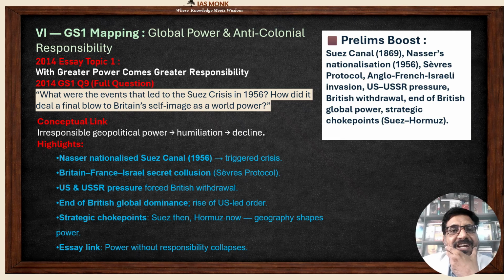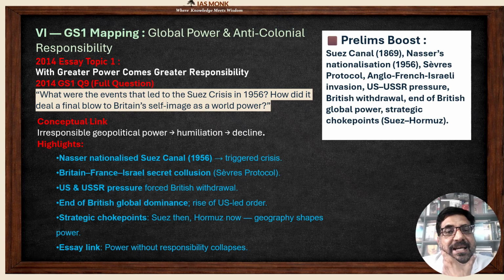This Suez Crisis exposed Britain's irresponsible geopolitical ambitions. When power is exercised without realism and responsibility, it leads to humiliation and decline. Thus, the Suez Crisis of 1956 revealed how irresponsible geopolitical power collapses when it ignores changing global realities.